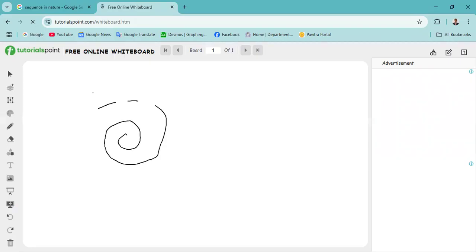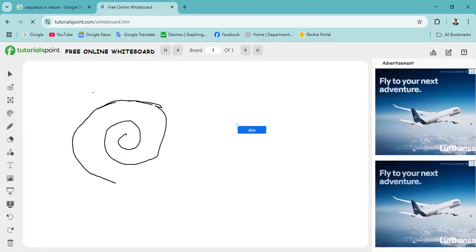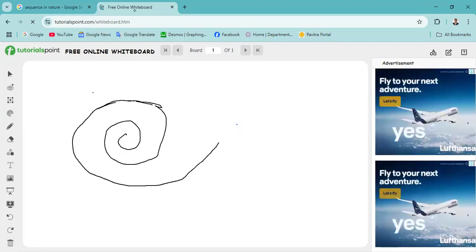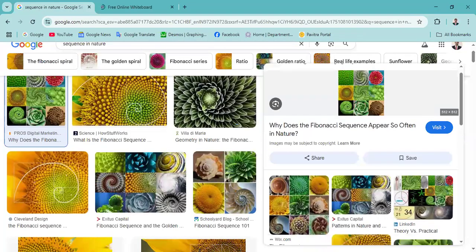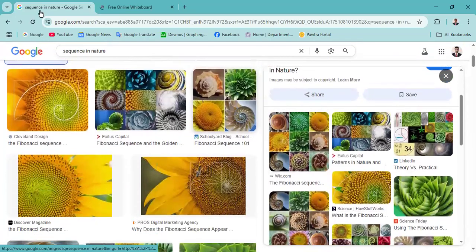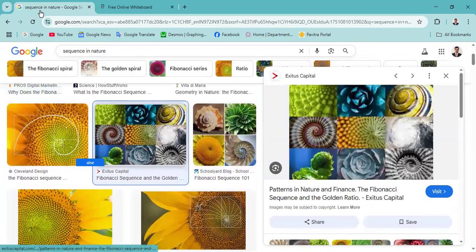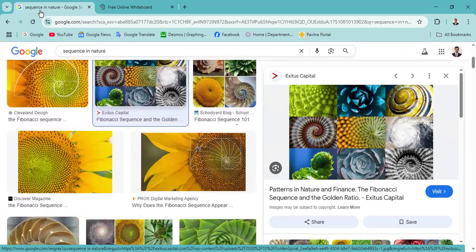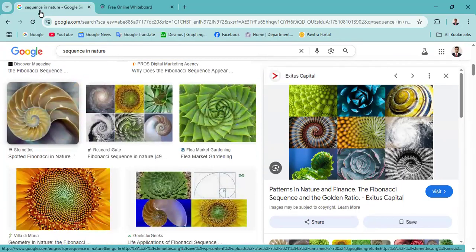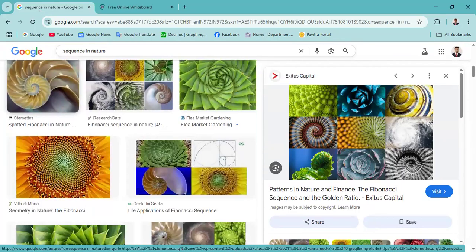Did you see this pattern over there? Okay. In seeds of sunflower, in rose petals, then in this. Okay, so these are the sequences in nature, right? Understood?